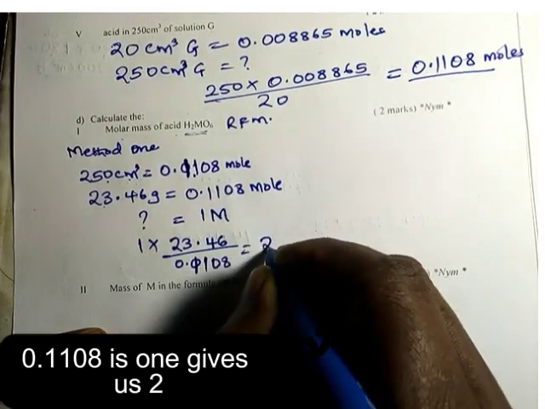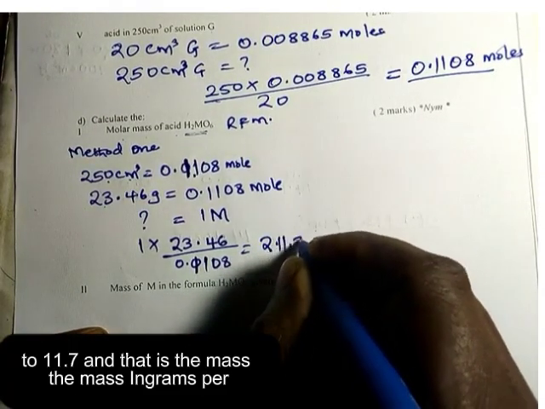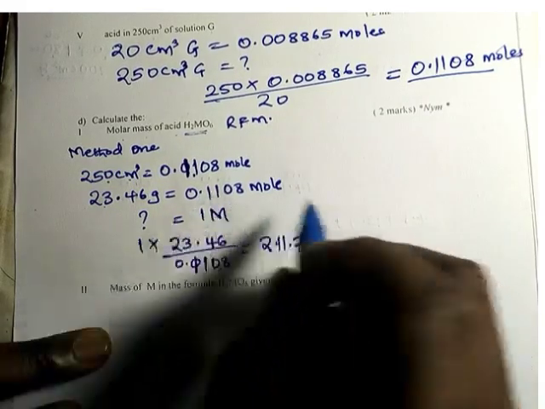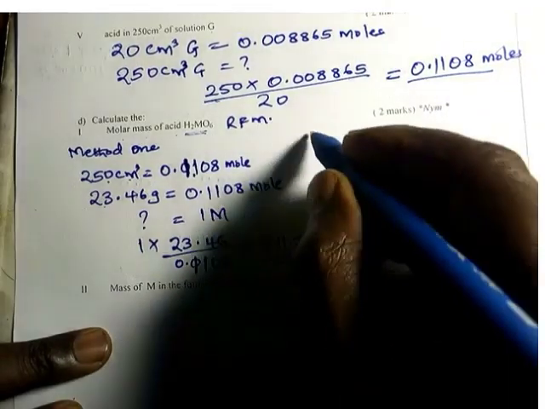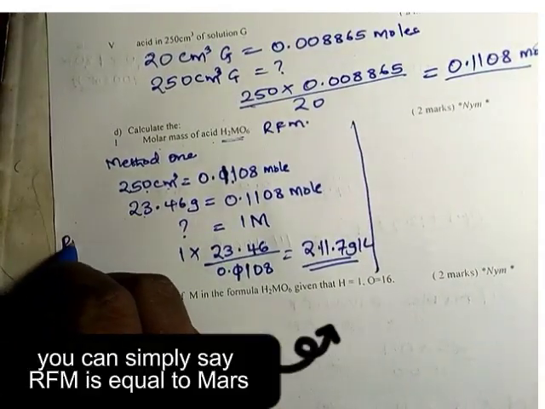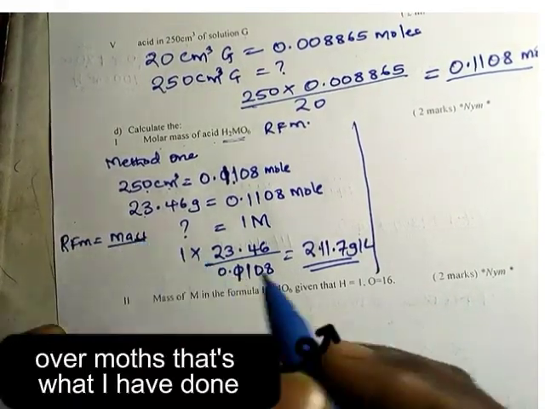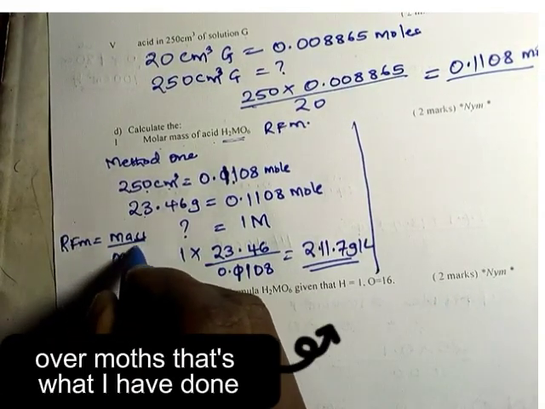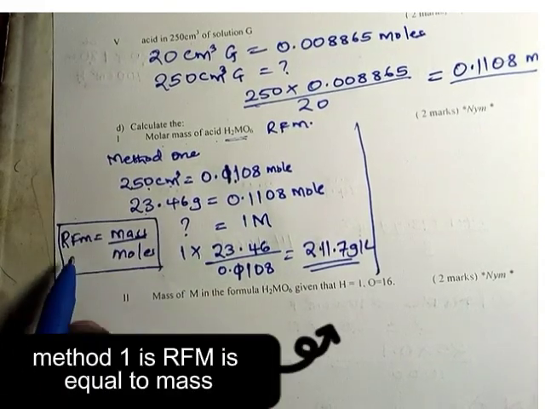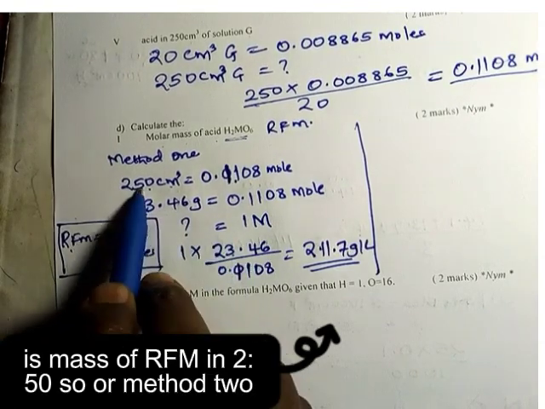This one gives us 211.7, and that is the mass in grams per liter. You can simply say RFM is equal to mass over moles. That's what I have done. Method 1 is RFM is equal to mass, this is mass of RFM in 250.